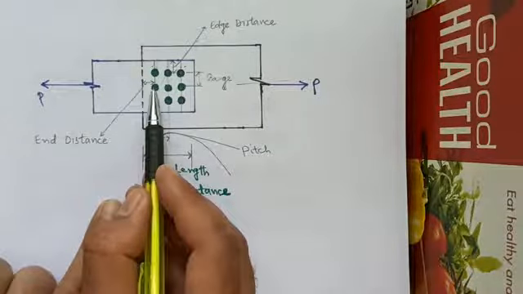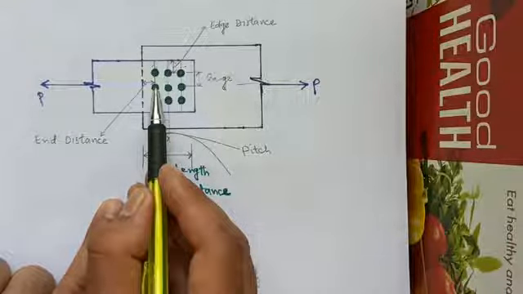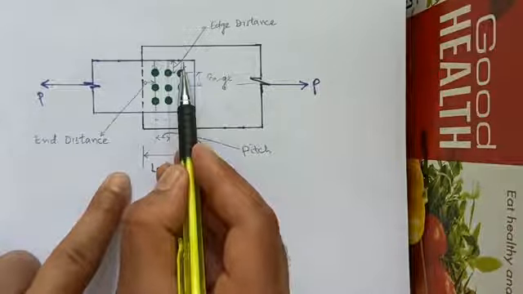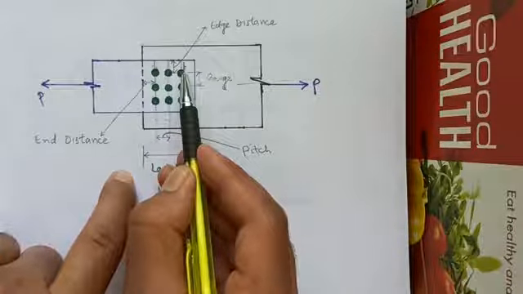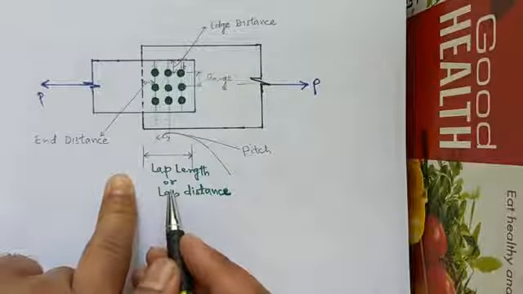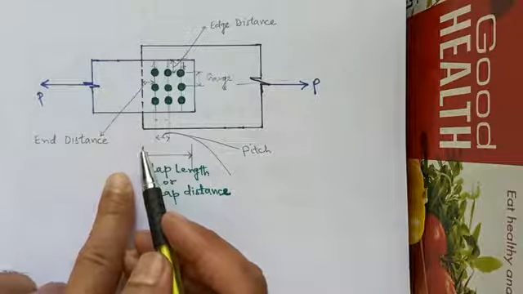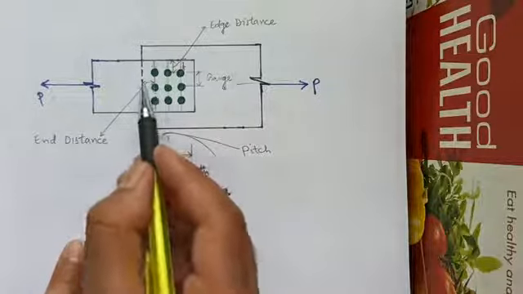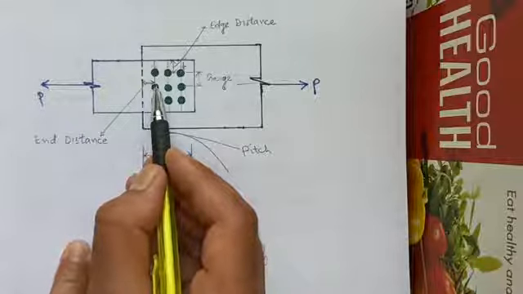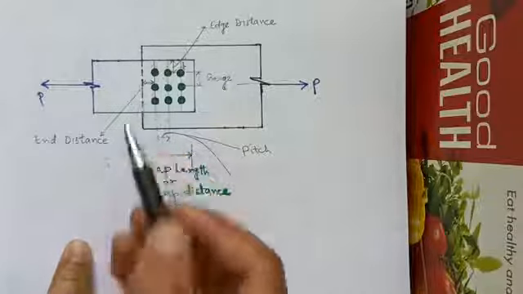Similarly, the distance at right angles to the direction of stress, that is this distance, from the center of the bolt to the adjacent edge of the member is called edge distance, whereas the distance in the direction of stress, that is this distance from the center of the hole or from the center of the bolt to the end of the element, is called the end distance.